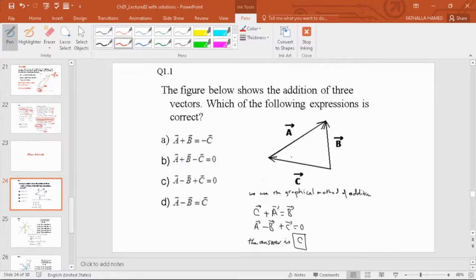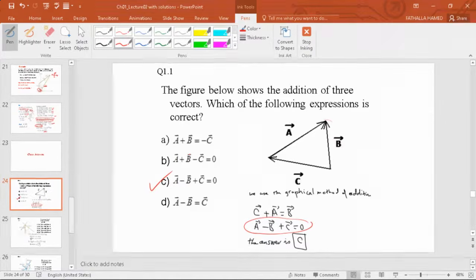If you look at this, you will say, I have the tail of A on the head of C. That means I'm adding A to C, and that will be the resultant vector B here. So if you take B to the other side, it will be with a negative. So the right answer here will be A minus B plus C, which is 0.